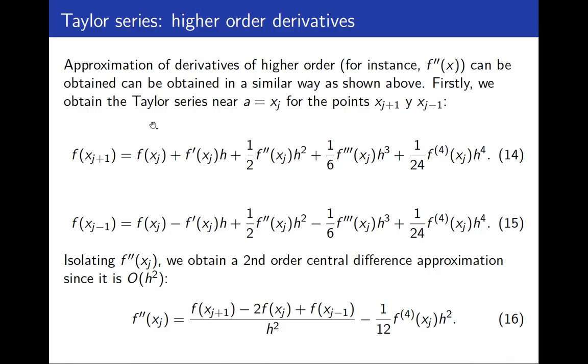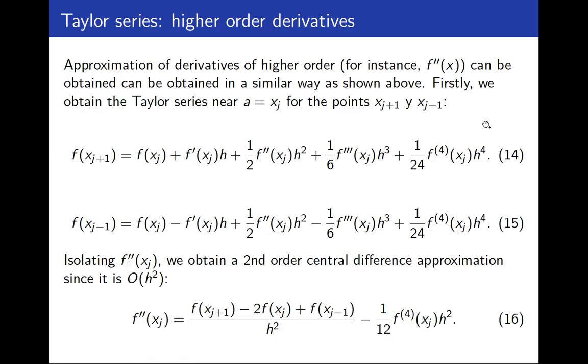So now let's put an example. We want to obtain the Taylor series near a equal to xj for these 2 points. Once again, we will have 2 equations, one for f evaluated at this point, xj plus 1, and another one for f evaluated at xj minus 1.